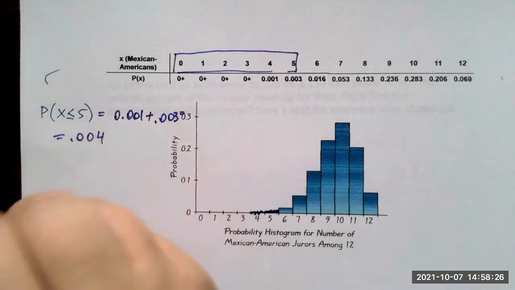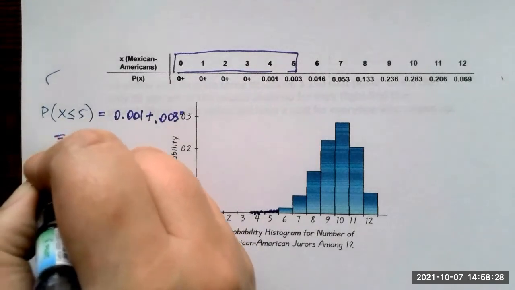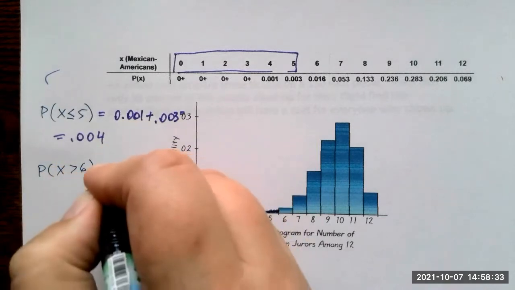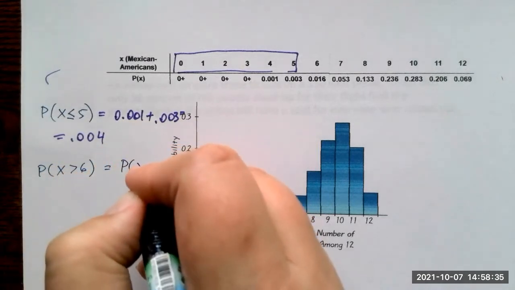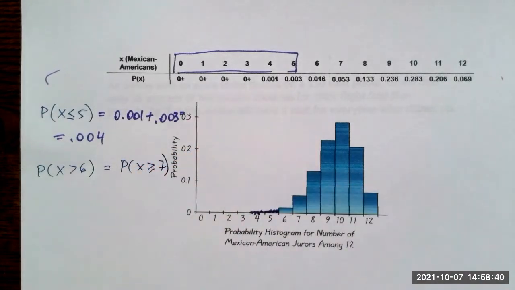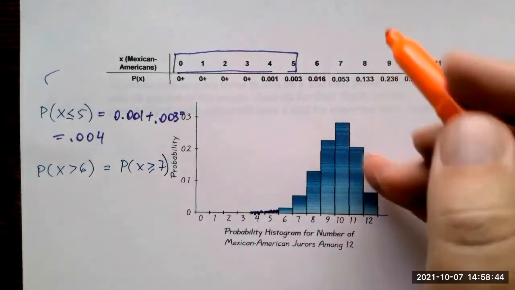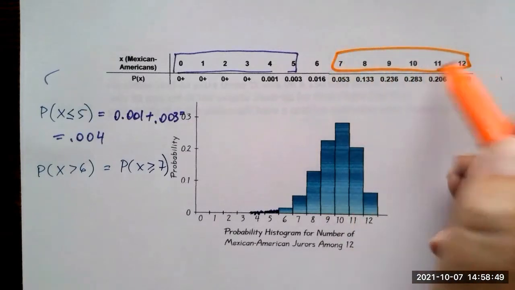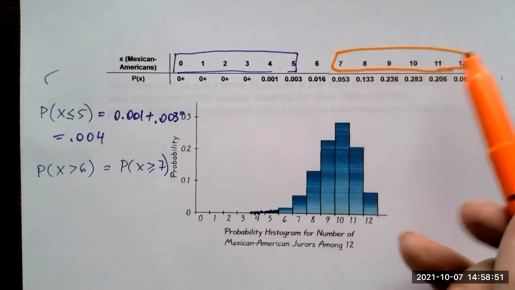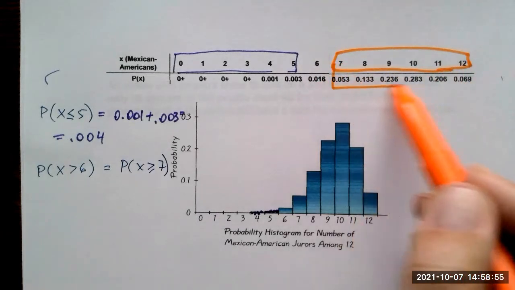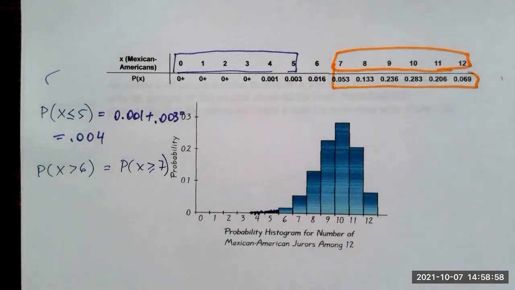So the probability of more than 6 is the same as the probability of 7 or more, x greater than or equal to 7. That event is right here: 7 or 8 or 9 or 10 or 11 or 12. So we would be adding all of these probabilities together.